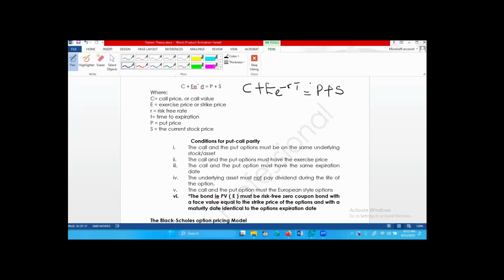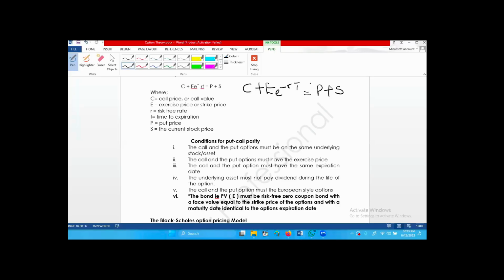Next, the underlying assets must not pay dividends during the life of the option. Next, the call and the put option must be European style options.